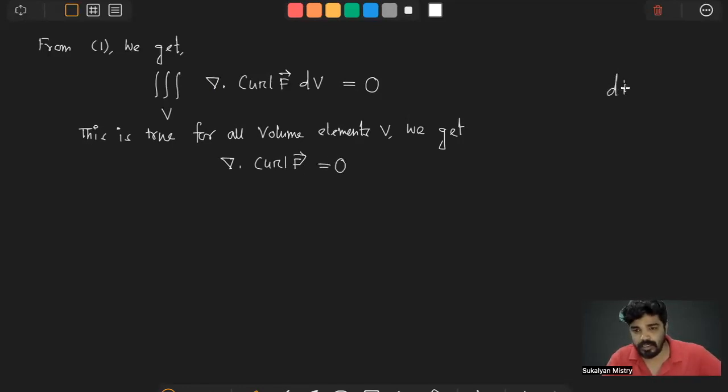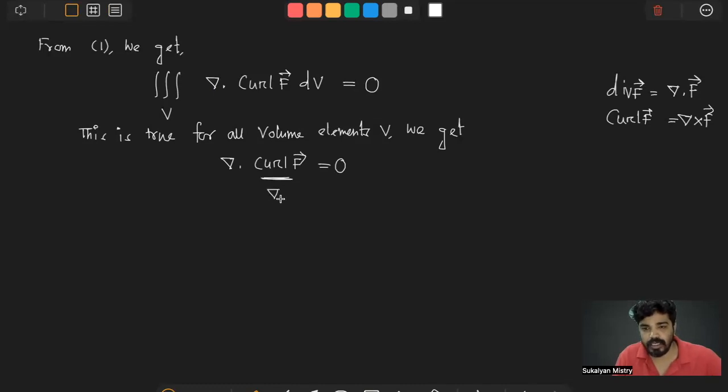Look, del dot F is divergence F. If you just consider this as F, then del dot F is divergence F, and here F is curl F, that means del cross F. That means divergence of curl F. Clear?